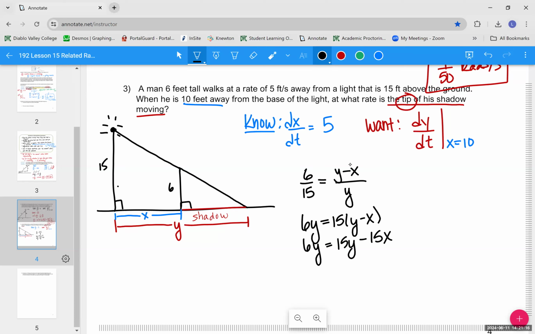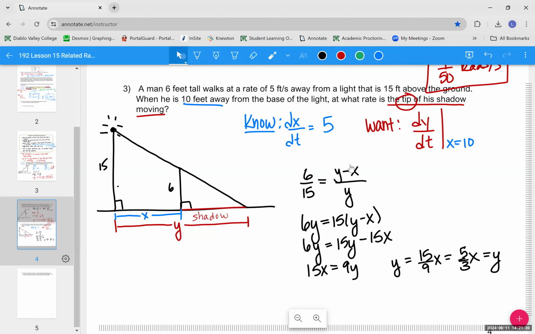Right, I've got 15x equals 9y, so y equals 15 over 9 x, which is 5/3 x. I would way rather take the derivative of this equation than this one.